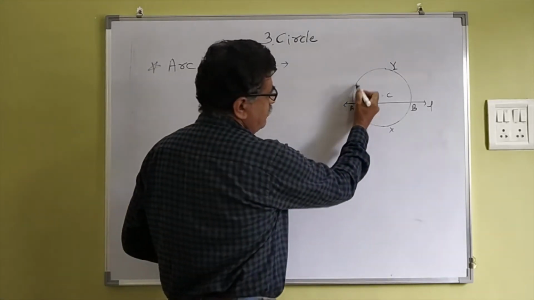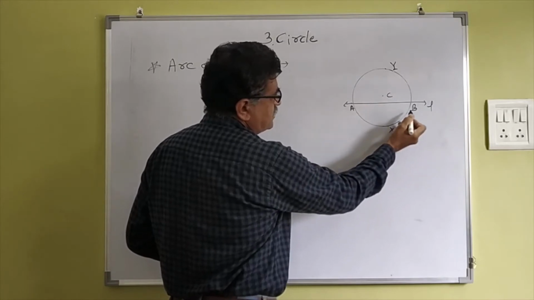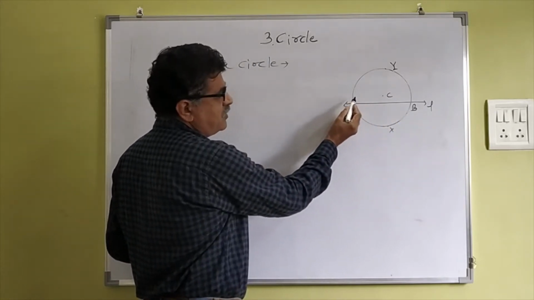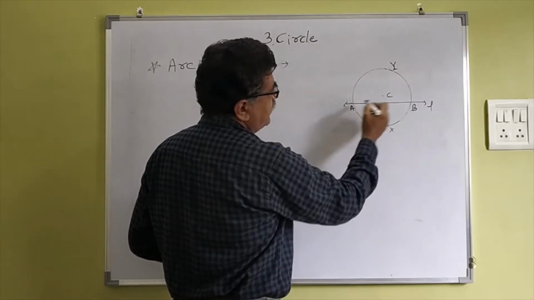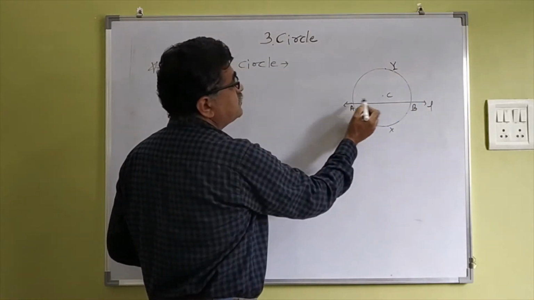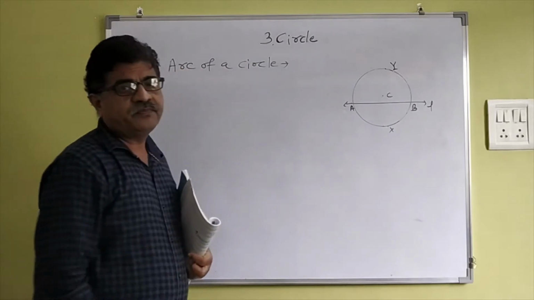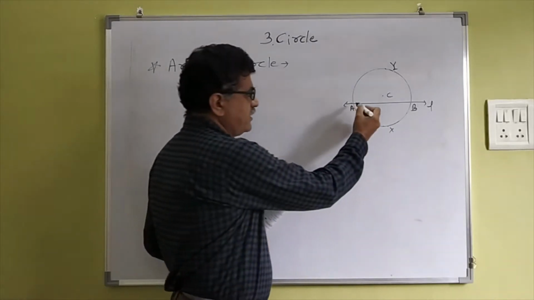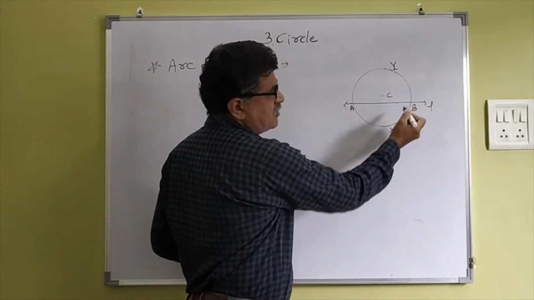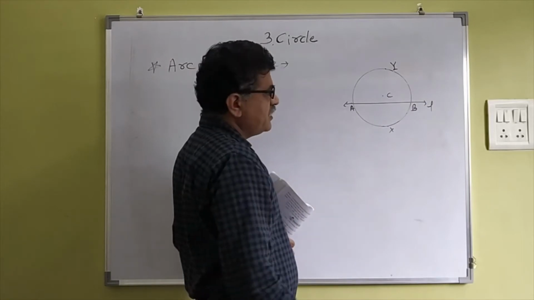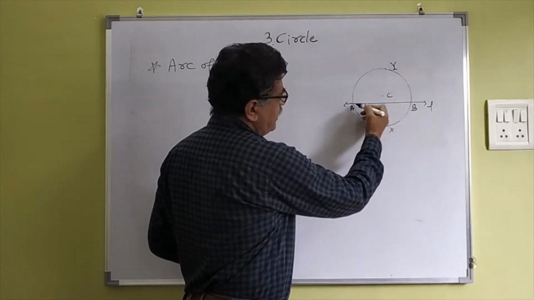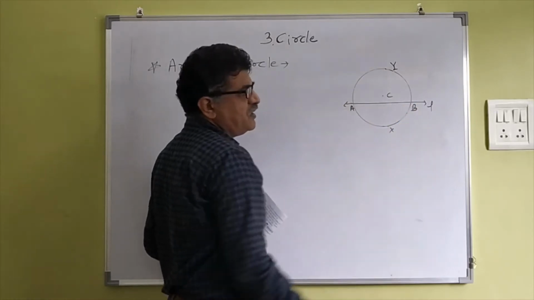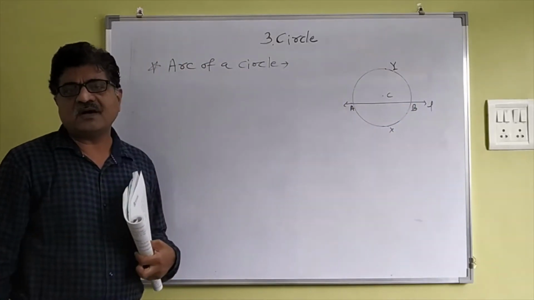Any of these two parts, and the common intersection of this circle and this secant, that is points A and B, is collectively called an arc of a circle. Now in this figure, arc AXB and arc AYB are the two arcs.